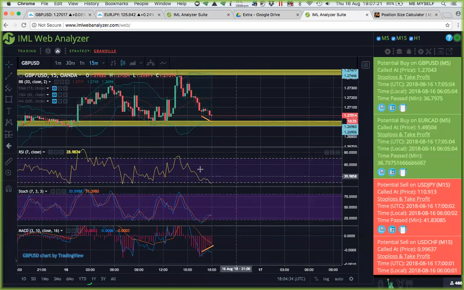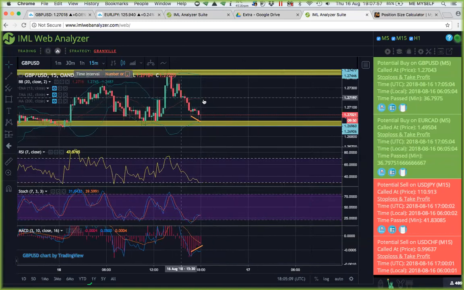And again, you can see that we have price in this bearish exhaustion area. Our indicators are in this bearish exhaustion area. So that gives me a good feeling that this cycle, which is a cycle low on our GBP USD, could cycle up and push up a bit further.